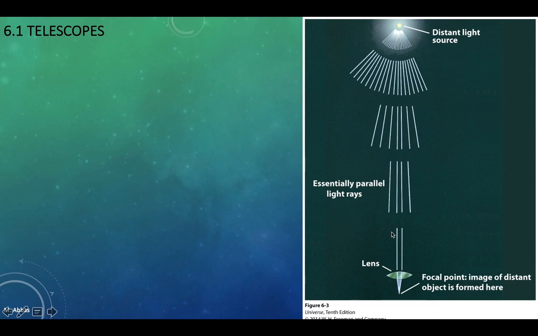We have only received few photons out of the billions of photons that have been escaping from the surface of the star every second. And a telescope here will do its best to collect as many photons as possible from that star. So this is what a telescope does.